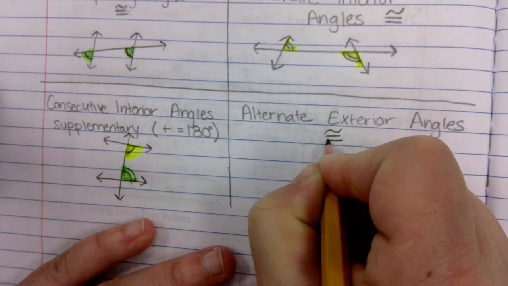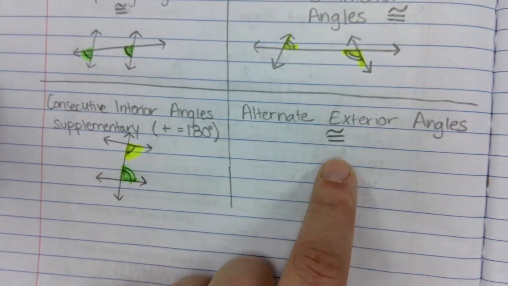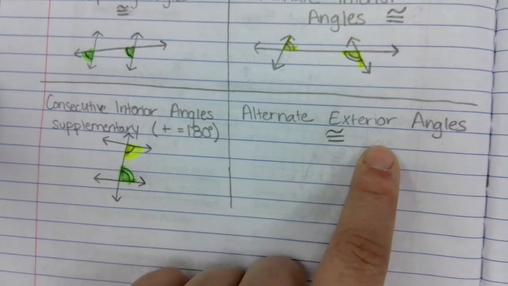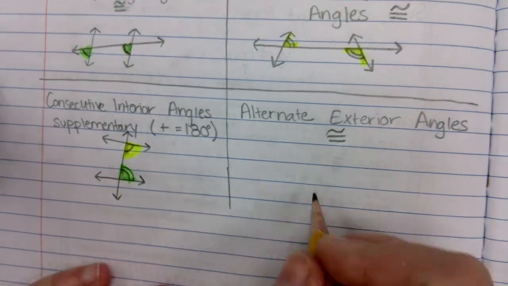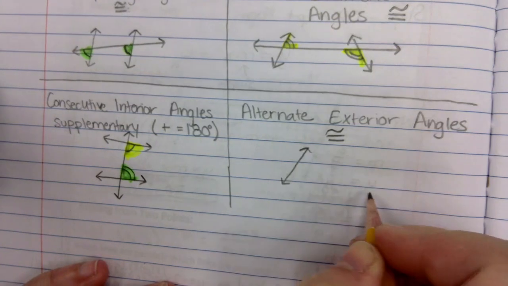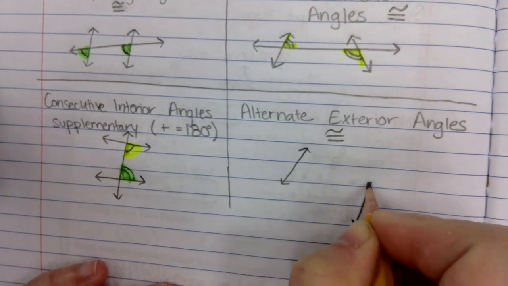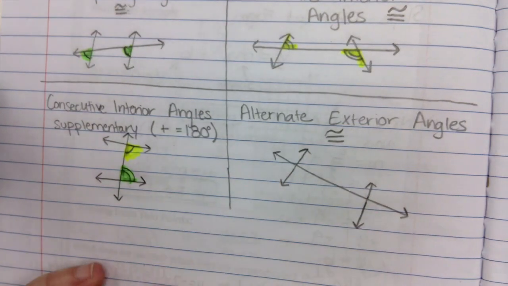So because they're congruent, I can use the same number of arcs to show that they're congruent, they're the same. I'm going to go with this bottom one here. It's kind of my go-to angle, I don't know why. And then I'm going to go to the other intersection, the other line, and I want to go to the outside. So I'm going to go to the right, and I want opposite.